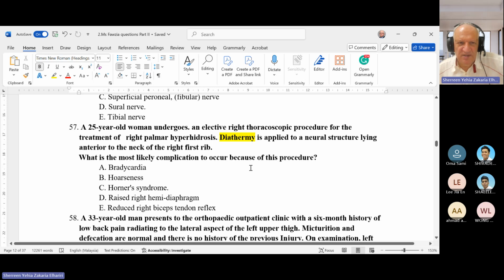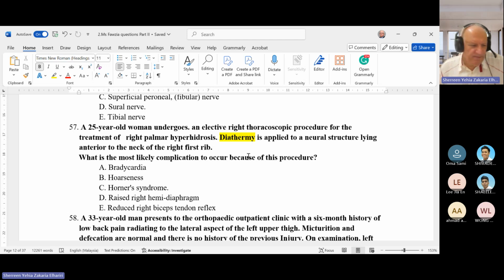So in the operation of thoracoscopic sympathectomy, something happened. Of course, we mentioned the right side because on the left side we have another structure which is the thoracic duct. Forget this. If you use diathermy to cut below T1, it is supposed to be below the stellate ganglia. So if the electrical wave passes up, it causes what?